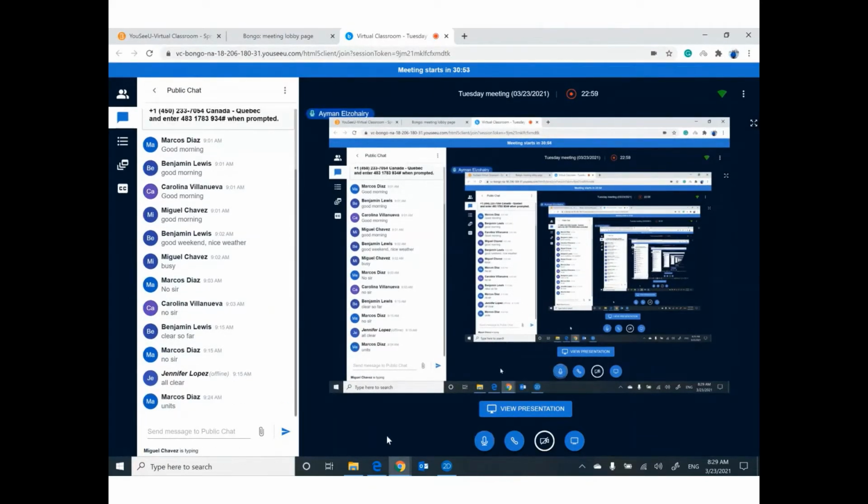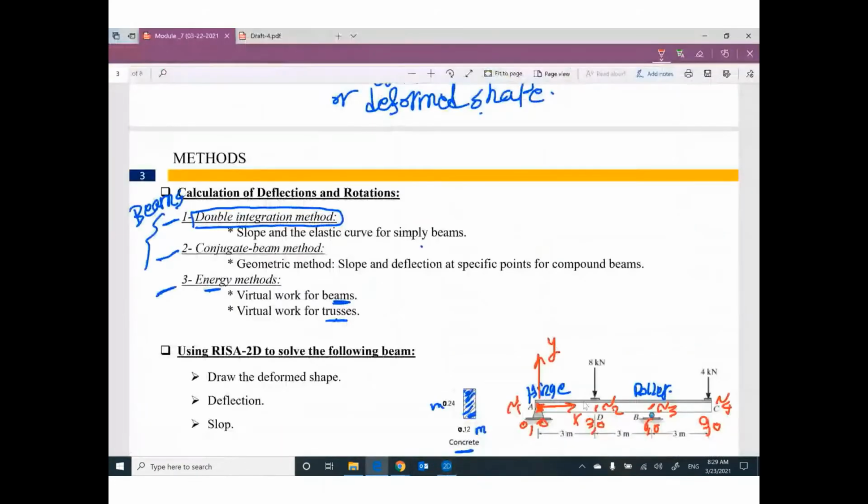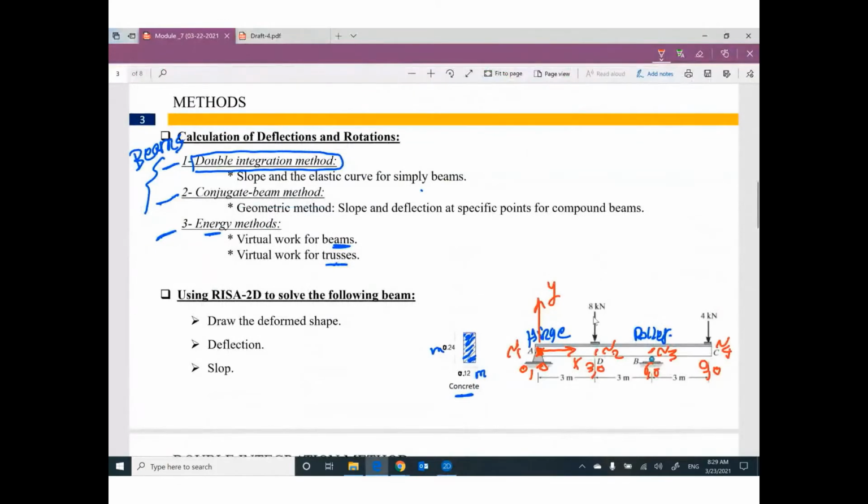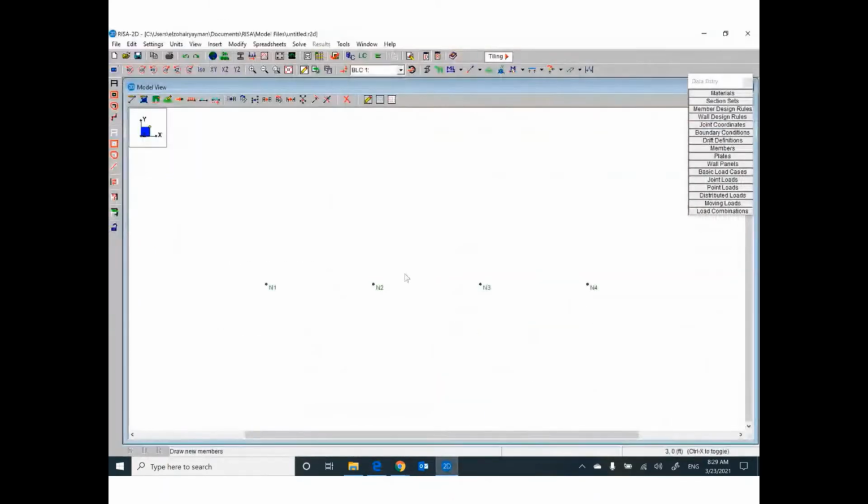Thank you, Marcus. Yes. This problem is in meter and kilonewton. The default unit in RISA before starting is US units, pound, feet, inch.